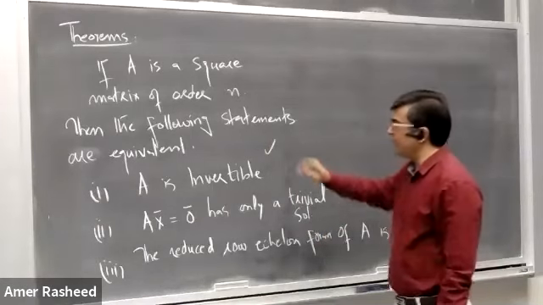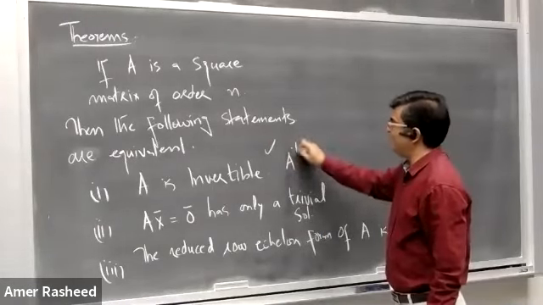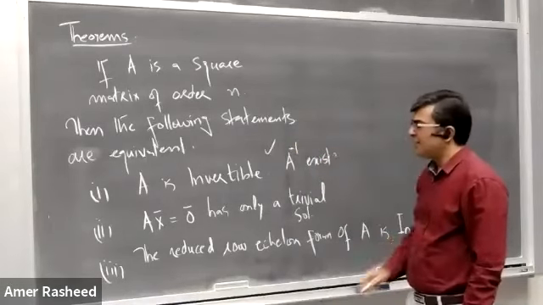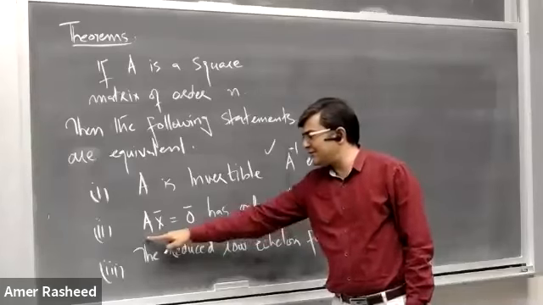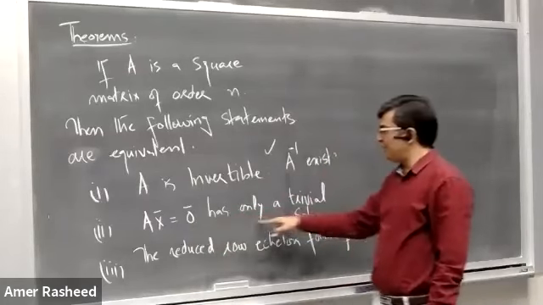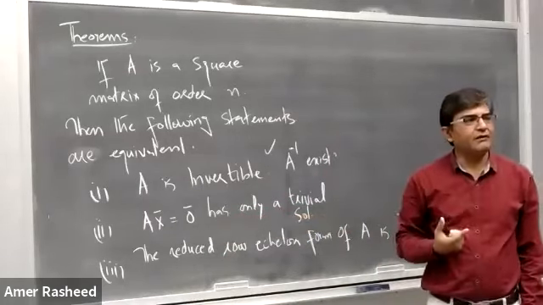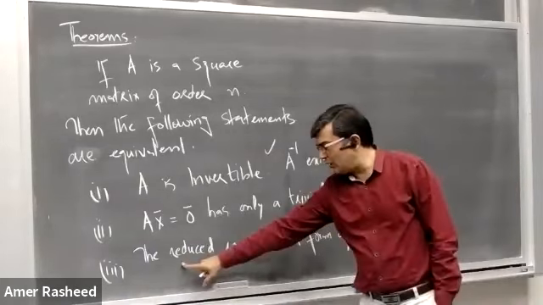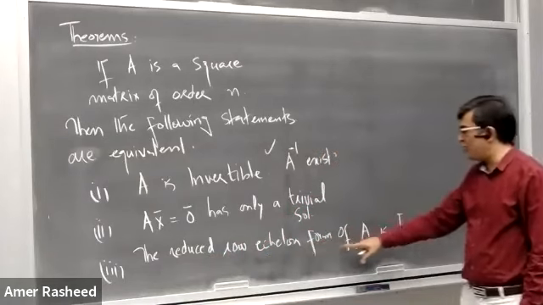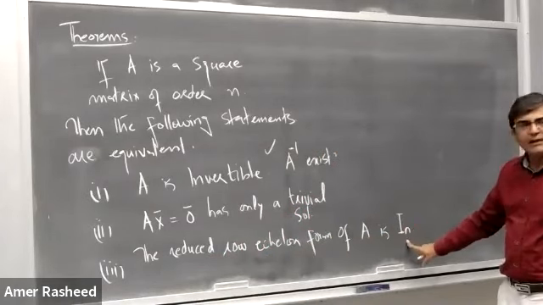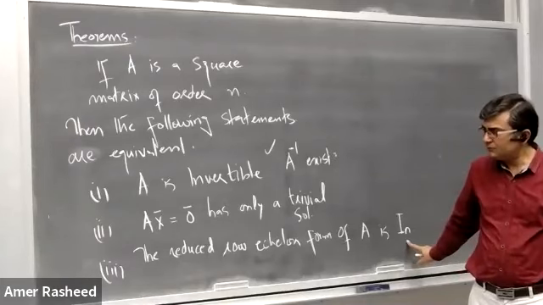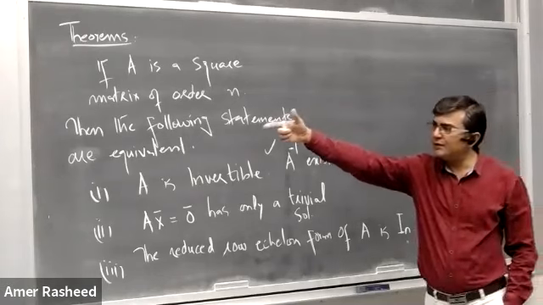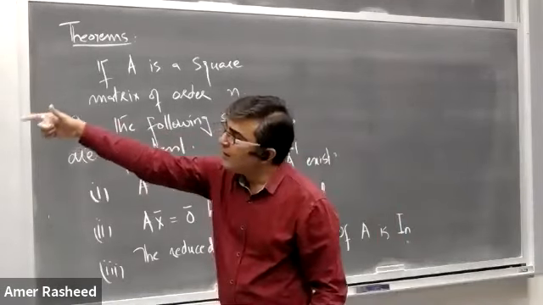So if A is invertible, what does it mean? A inverse exists. If A inverse exists, then this homogeneous linear system AX is equal to 0 must have only the trivial solution, only one solution, which is the zero solution. And the third one is that the reduced row echelon form of A must be equal to the identity matrix. That's what we proved a couple of moments ago.